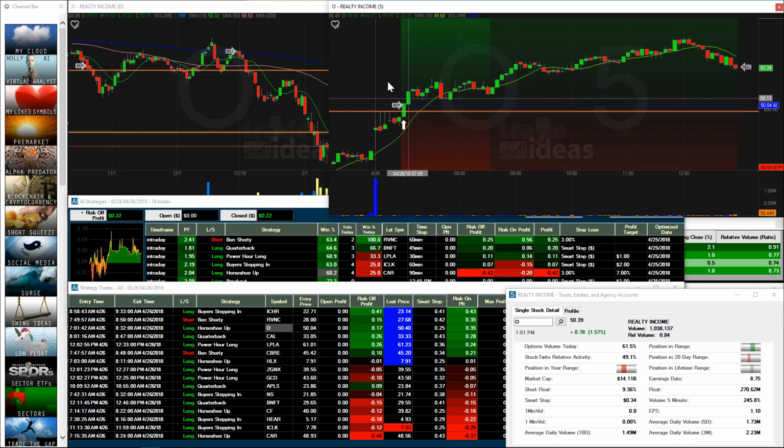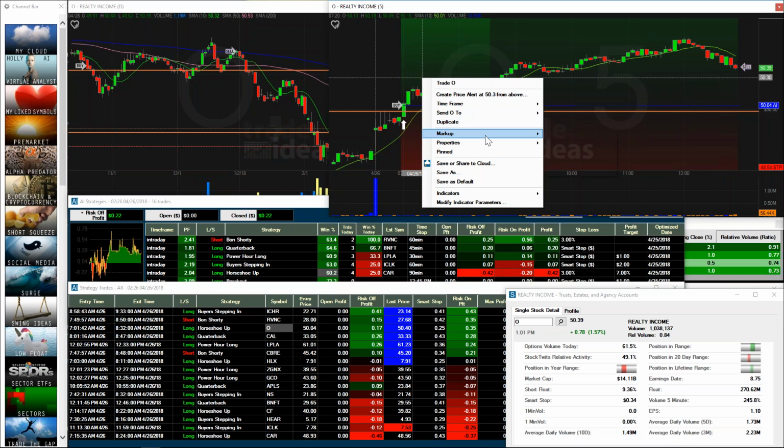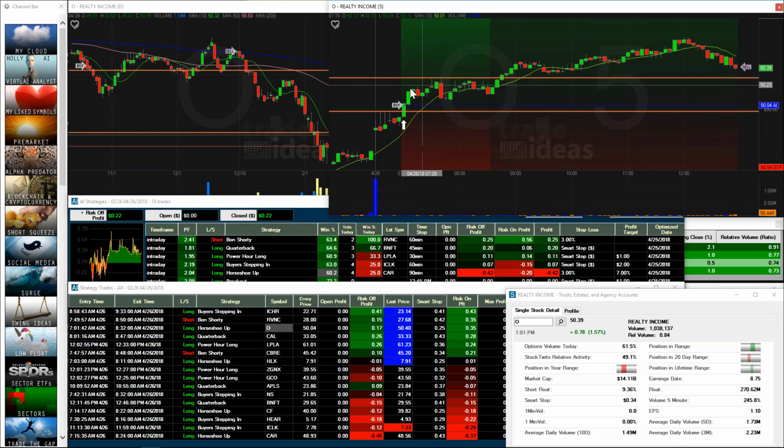What I also like about this one is it presented itself again for another entry. Anytime we get this sideways action after a break, this little flagging action, buyers and sellers are relatively equal, and we got these nice little ranges right here. And then we have another run up to another breach, another nice tight range break here, and another opportunity to add to a winning position, which, believe it or not, is one of the harder things for a new trader to learn.